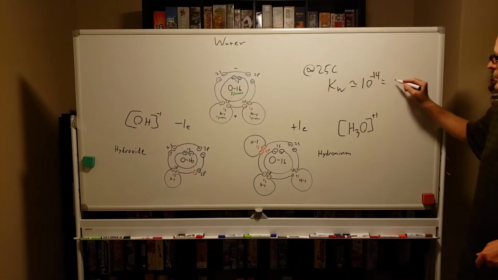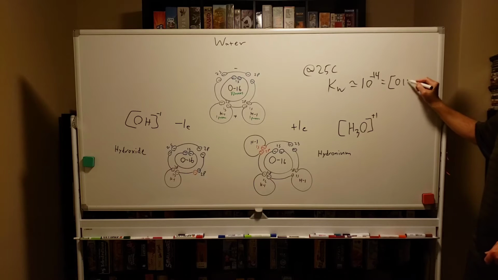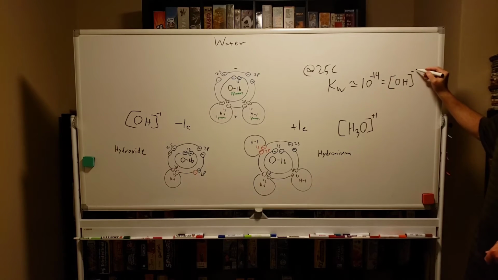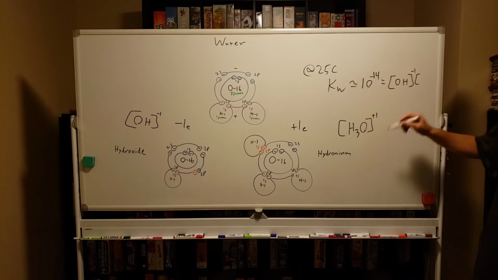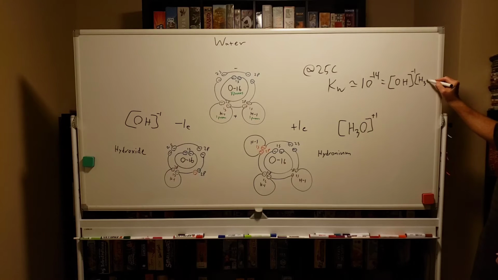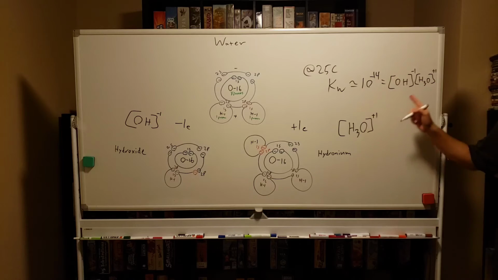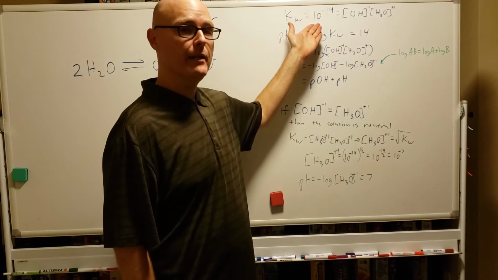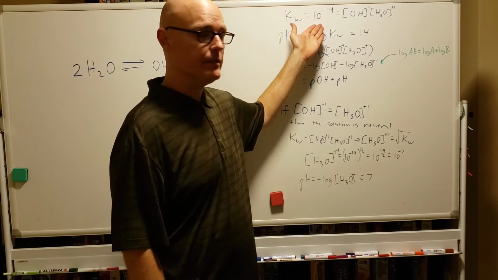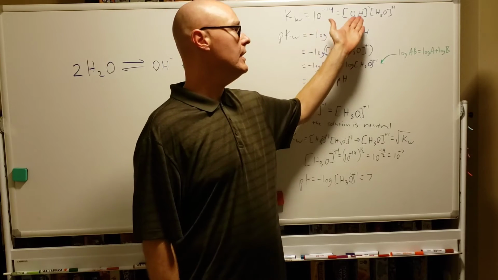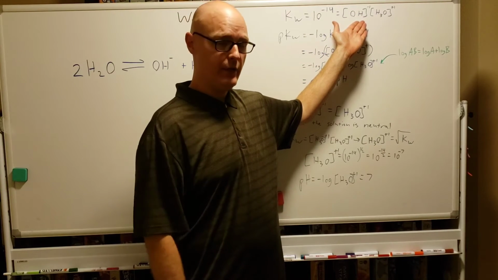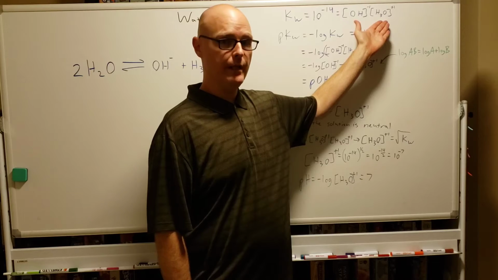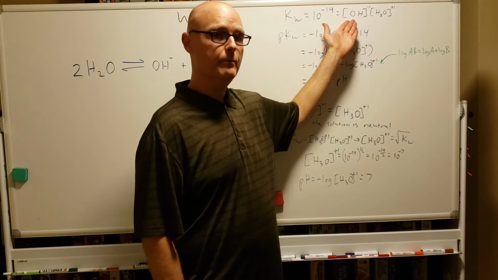So the ionization constant for water is 10 to the minus 14 at 25 degrees Celsius, standard pressure. That's equal to the concentration of the hydroxide multiplied by the concentration of the hydronium. This is in moles per liter.